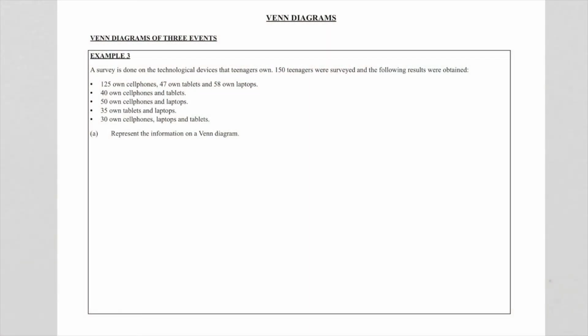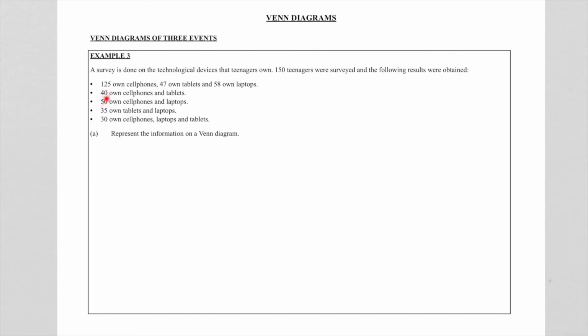In this example, we read that there was a survey done on the technological devices that teenagers own. 150 teenagers were surveyed and the following results were obtained. 125 own cell phones, 47 own tablets, 58 own laptops.